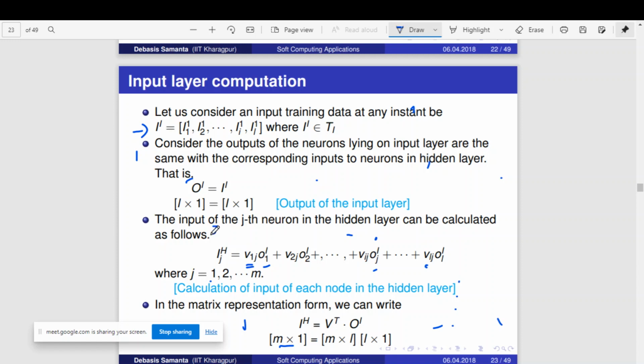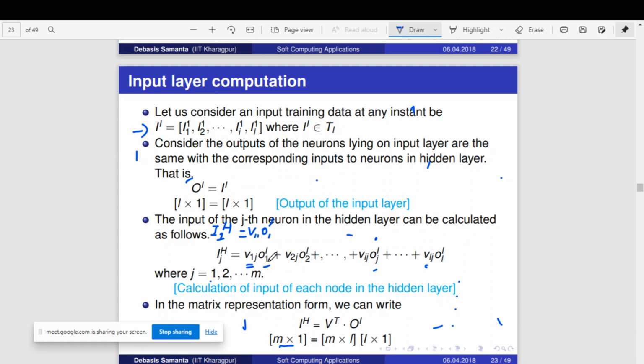What will be I1h? I1h is nothing but the input to the first neuron of the hidden layer. That will be V11 O1I.